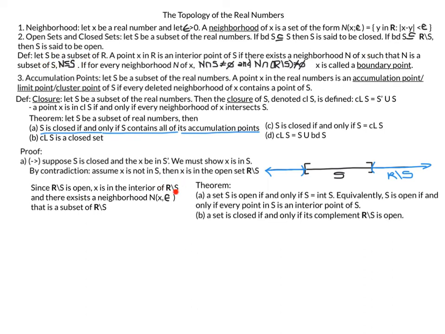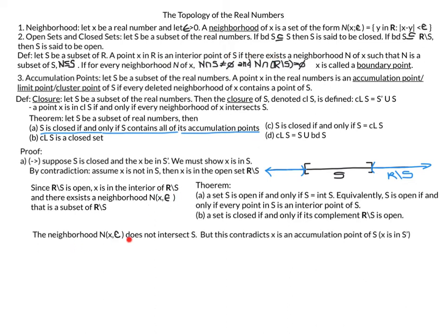So to be in the interior of R relative complement of S, there's a neighborhood that is completely contained in R relative complement of S. So for this step here, I used both this theorem, part A, as well as the definition of what it is to be an interior point.